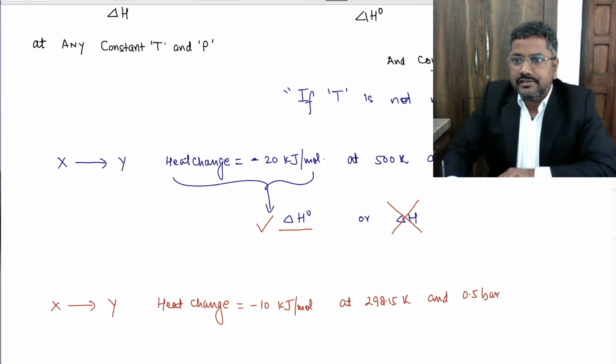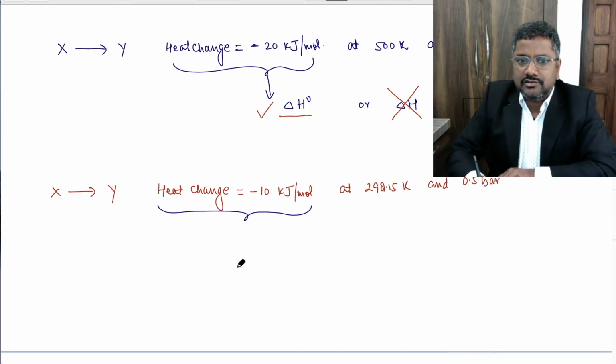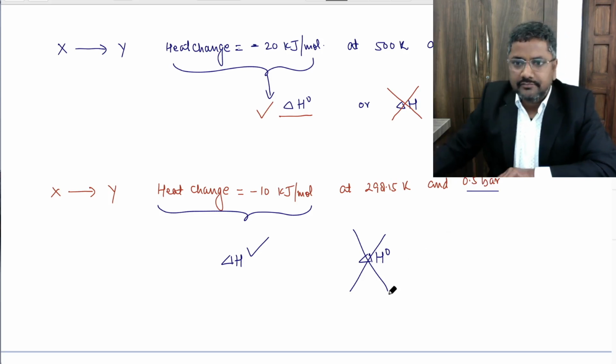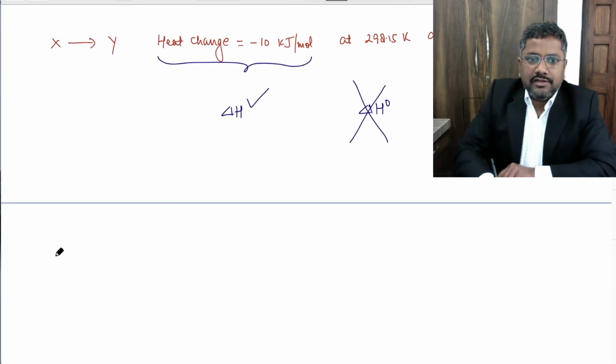So what is this? Is it delta H or delta H naught? This time this is delta H, not delta H naught, because this time pressure is not 1 bar. Clear?